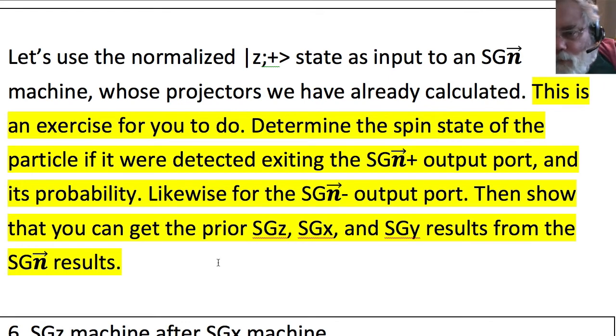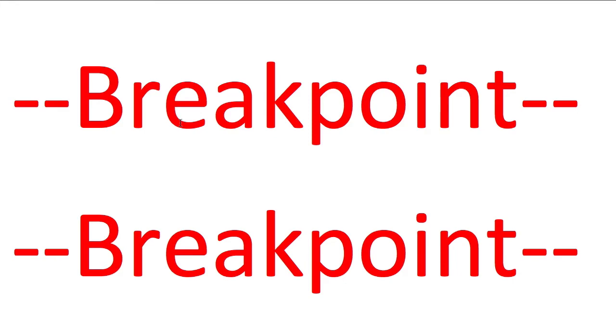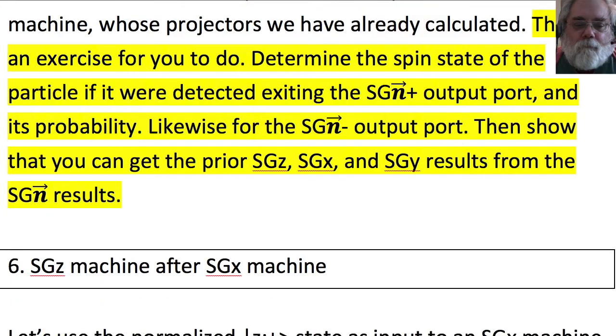You will be more confident that you understand states. You will be more confident that you understand projectors and probability. So I encourage you to pause the video now and do this work for yourself. I don't have a way of grading you, but I encourage you to do that. This is a possible time to take a break.